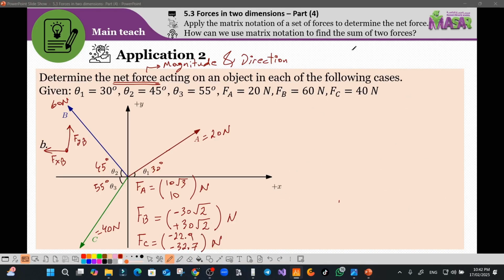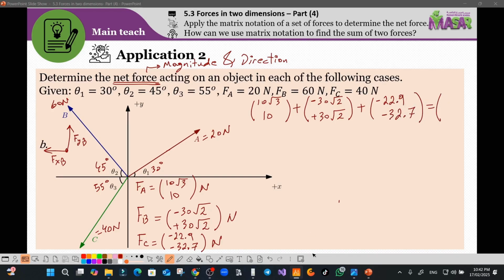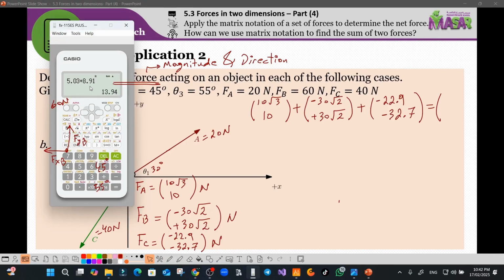So in order to find the F net, we just add the three forces together. So let's start with the F of A, 10 radical 3, 10, plus minus 30 radical 2, plus 30 radical 2, plus minus 22.9, minus 32.7. Let's find the answer by using the calculator again.